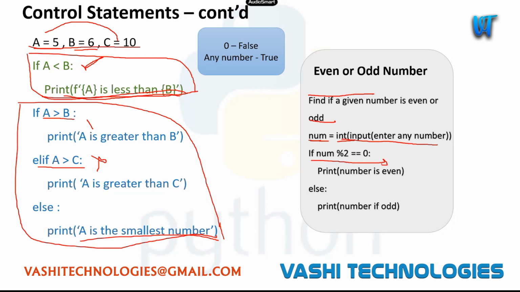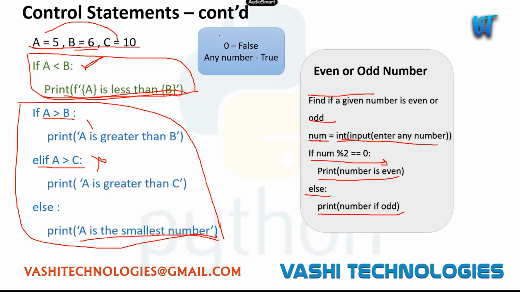If it is divisible, then we print number is even. If it is not, then we print number is odd. This is one simple if else program which we have covered already during our list topics, right?